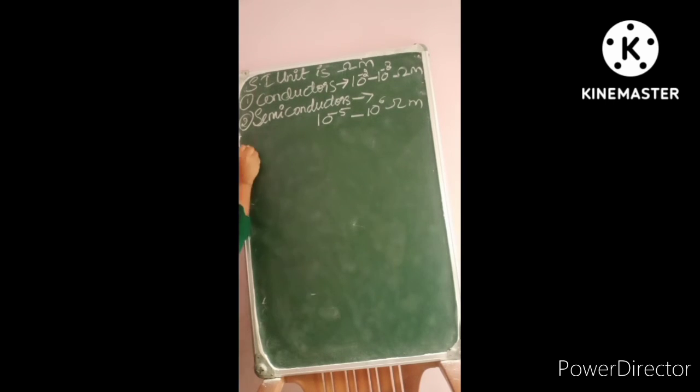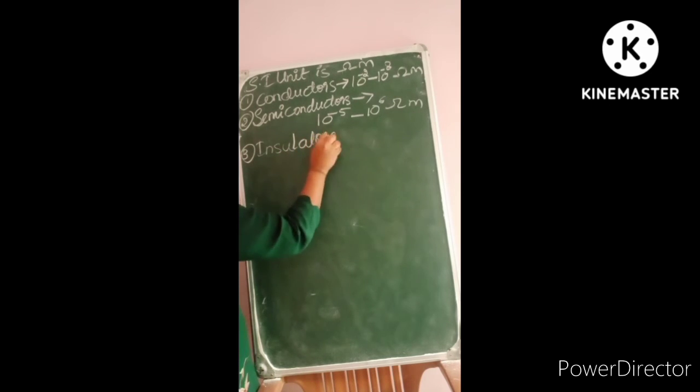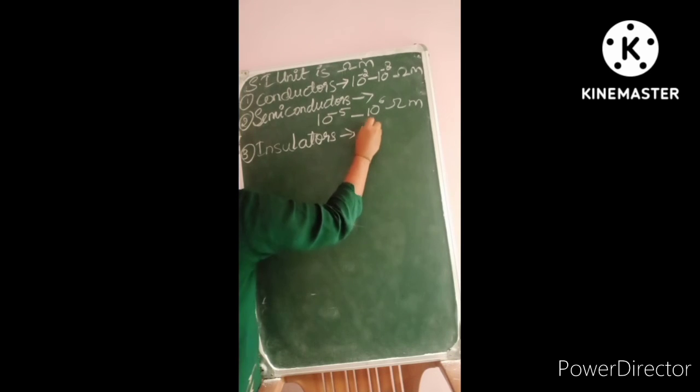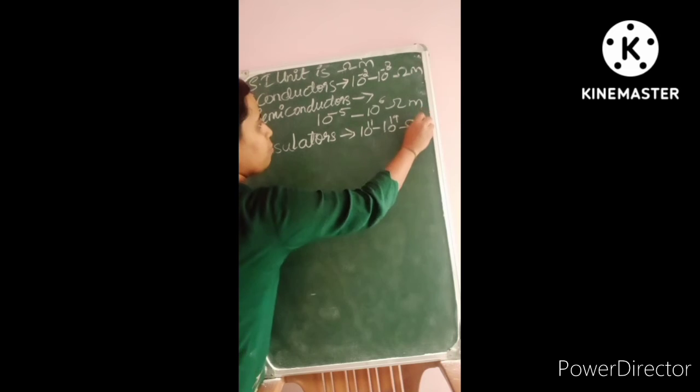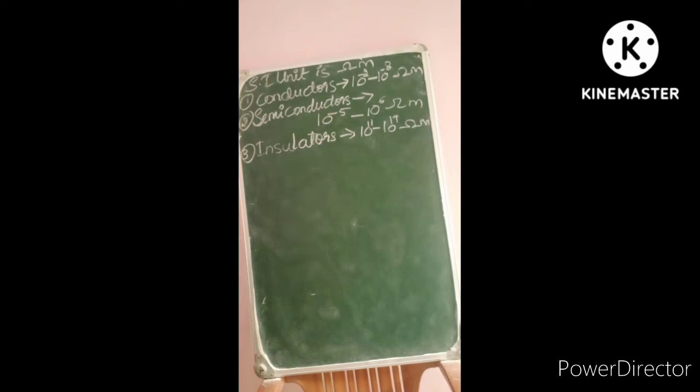And for insulators, it is of the order 10 raised to 11 to 10 raised to 19 ohm meter. This is the order of electrical resistivity for conductors, semiconductors and insulators.